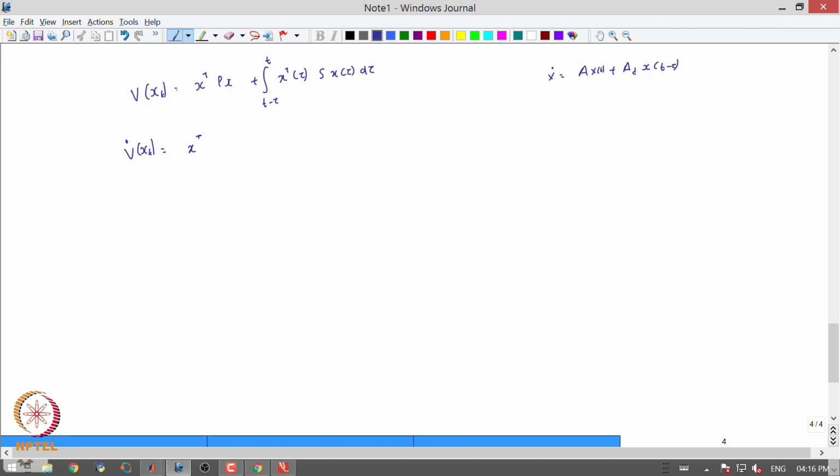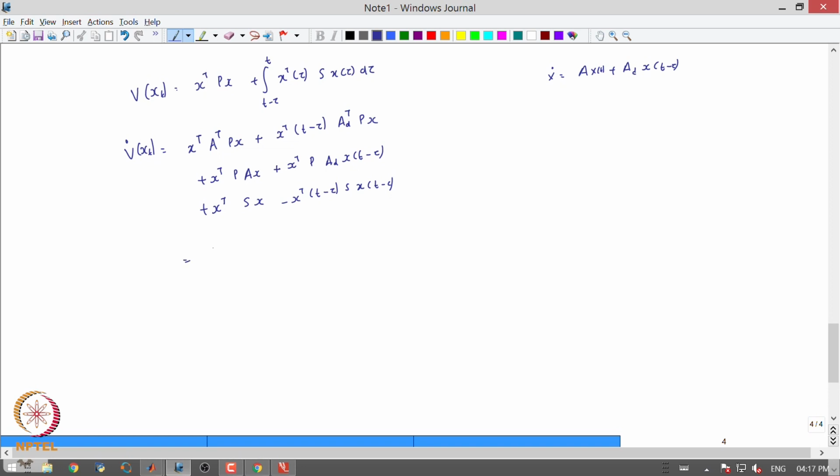I get x transpose a transpose P x plus x transpose of t minus tau a d transpose P x plus x transpose P a x plus x transpose P a d x of t minus tau plus x transpose S x minus x transpose of t minus tau S x of t minus tau.